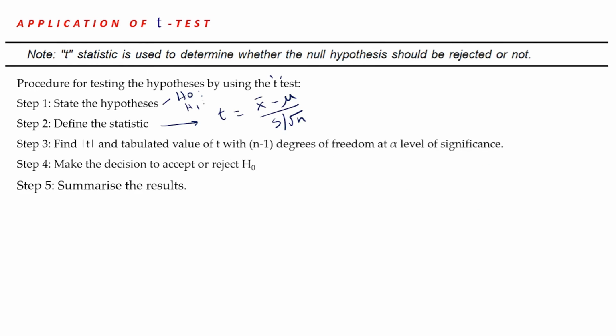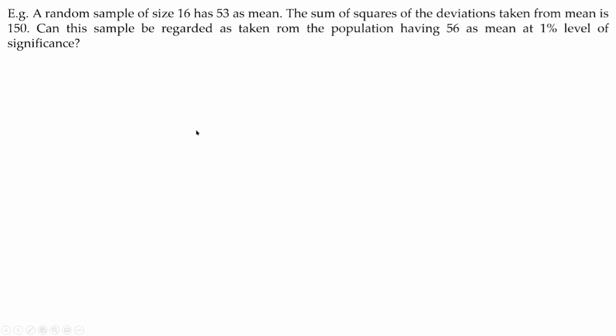Now let us understand this with an example. This example I have taken from Applied Mathematics Class 12 by D Sharma. In my next video, I will solve the exercise questions on t-test from Applied Mathematics Class 12 by D Sharma. Here, a random sample of size 16 has 53 as mean.